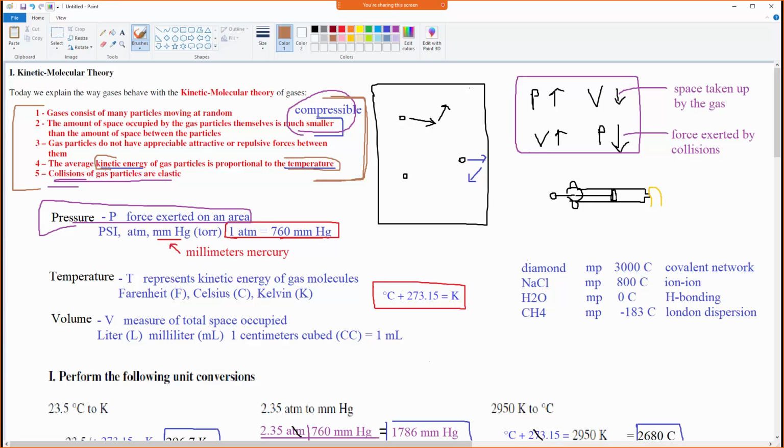And that speeds up the rate of collisions because they're moving faster. But if you are moving faster, the strength of the collisions will be greater as well. And vice versa, as the temperature goes down, your gas particles start moving more slowly and with less energy. So collisions happen less frequently and with less energy. Does that make sense?